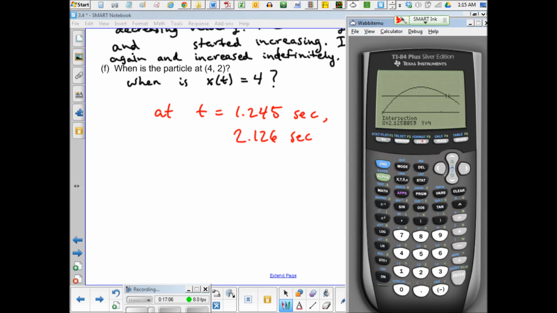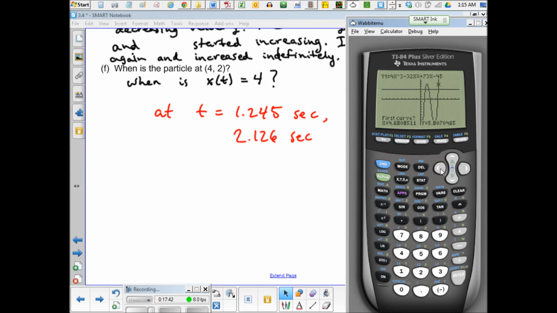So I'm going to have to go back to do a zoom standard here. So I'm going to do a Z box over on the right there. I'm interested in this point right now. Actually, I probably don't need to do a zoom box. I got a pretty good visual right now. So I'll just do calc, intersect, and let's just move this over a little bit.